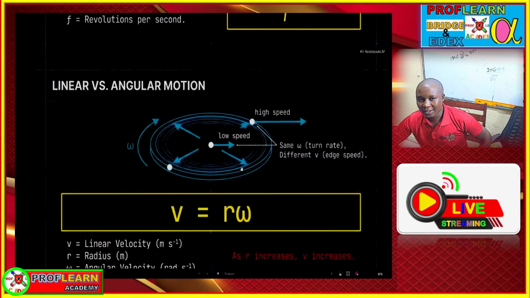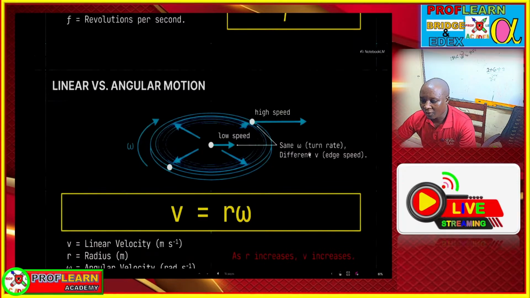So in circular motion at A level, for both IAL as well as CIE physics, you need to understand the relationship between linear speed and angular velocity.